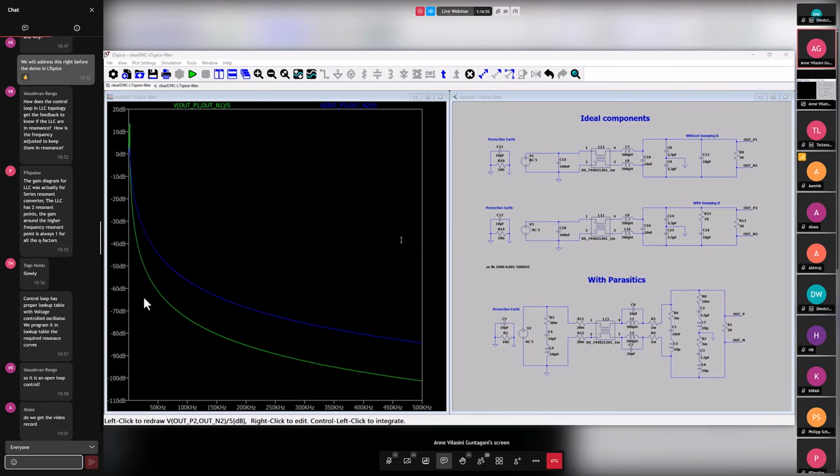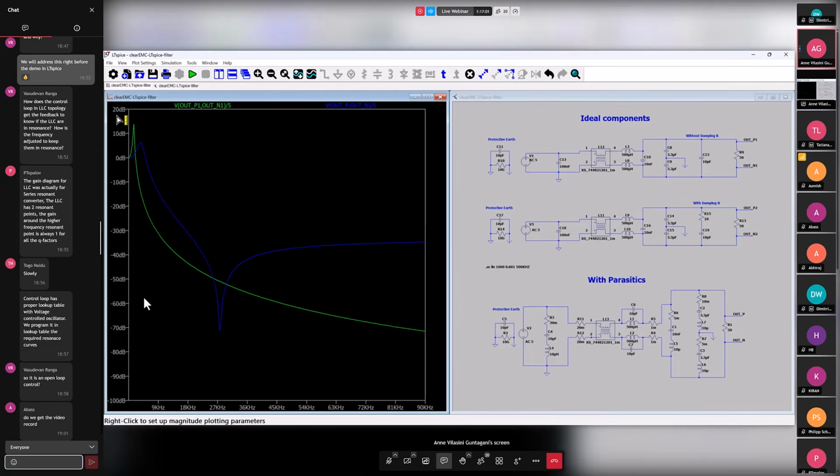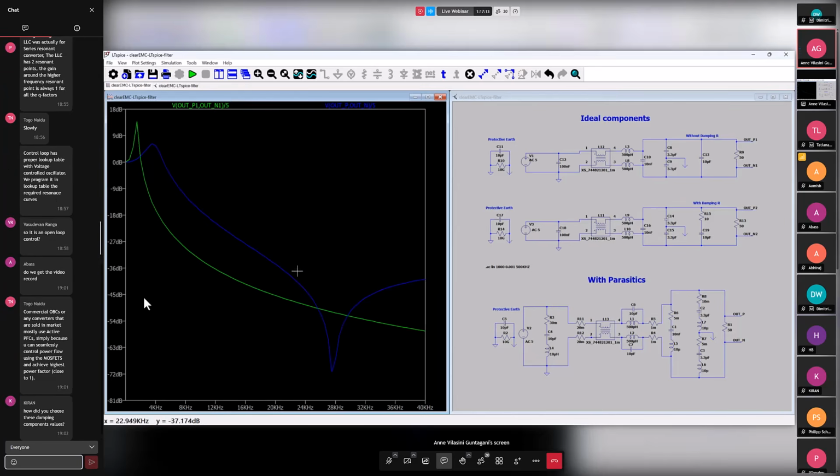And now let's compare with the one with the parasitic components, and you can see a different behavior. In the real world, it's not functioning as perfectly as you want. Here you see up to 20 kilohertz, it is on track.